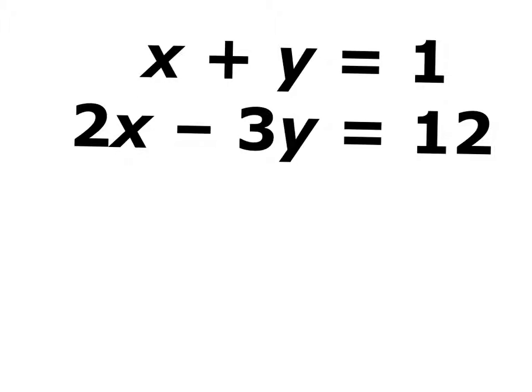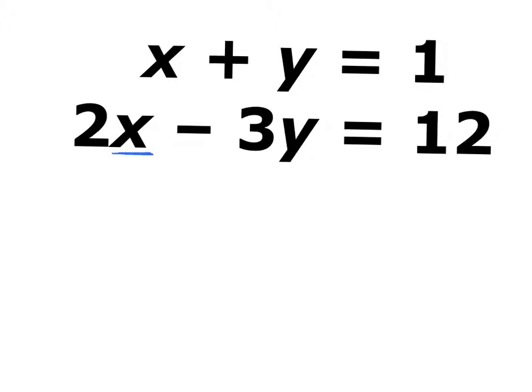You like it. All right, so sometimes you're going to have systems that don't have the same coefficient and don't have the same sign. So there are going to be occasions that you don't multiply by -1. You're going to have to choose one of the variables. It doesn't matter which, but I'm going to choose x.